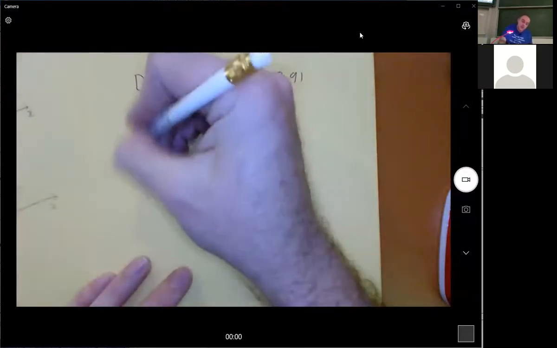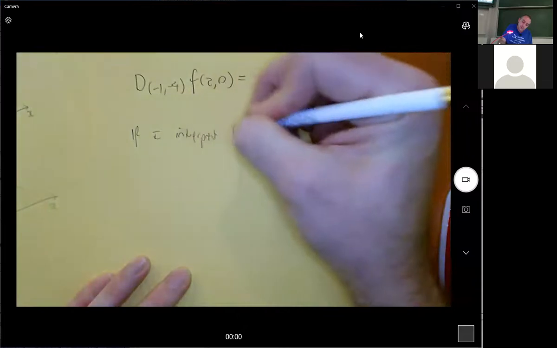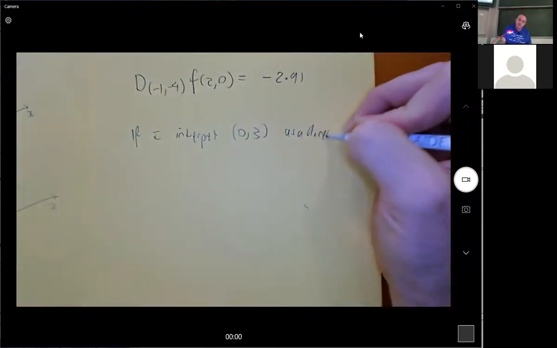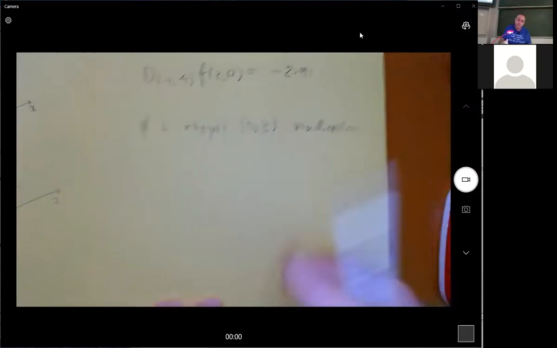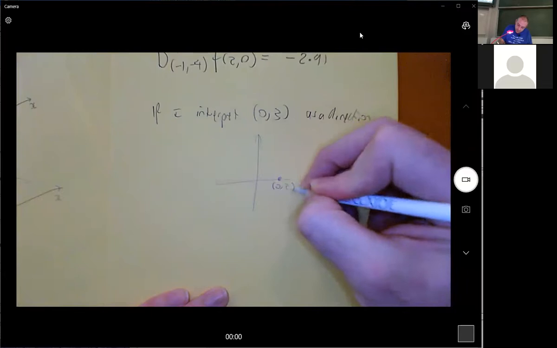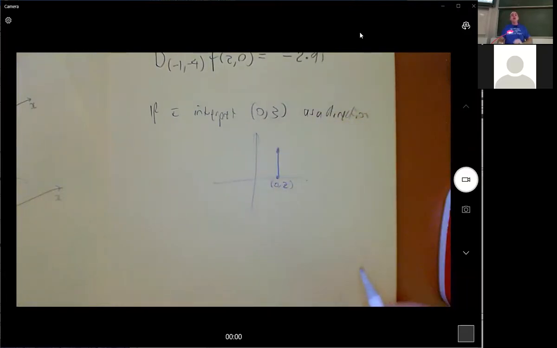So if I interpret the gradient vector 0, 3 as a direction, which is this direction, so I was at 0, 2, and I go that way, then that is the direction you should go to get the fastest derivative.